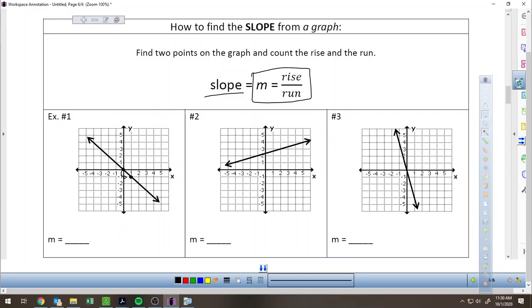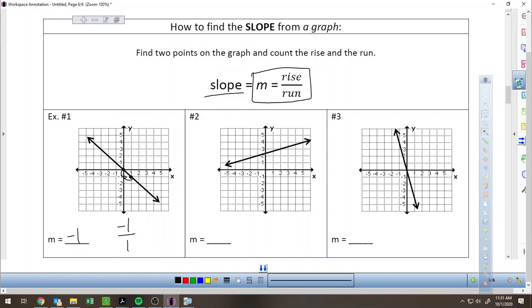If I'm going down 1, that is a negative 1. Correct? If you're going down, it's negative. If I'm going to the right 1, that is a positive 1. Negative 1 over 1 will just be negative 1.